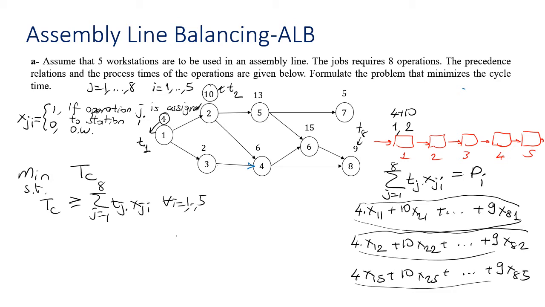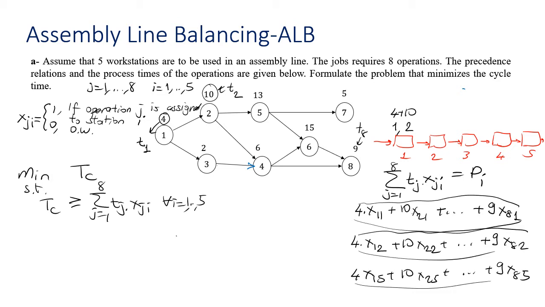So there is one implicit constraint here, which we need to satisfy: all tasks, all operations must be assigned to one of the workstations. Okay, so task 1 must be assigned, task 2 must be assigned, and they must be assigned to one of the workstations. So let's write that constraint.